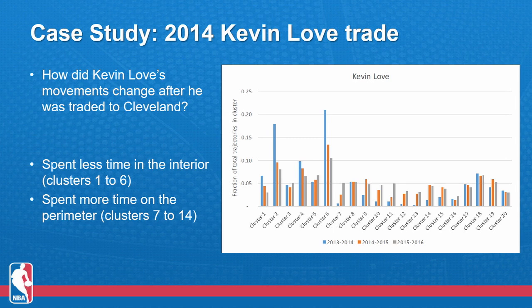This confirms many analysts' belief that Love became more of a perimeter threat during his time with the Cavaliers. However, what the cluster profile offers is an ability to break down where exactly his movements increased and decreased, and by how much.